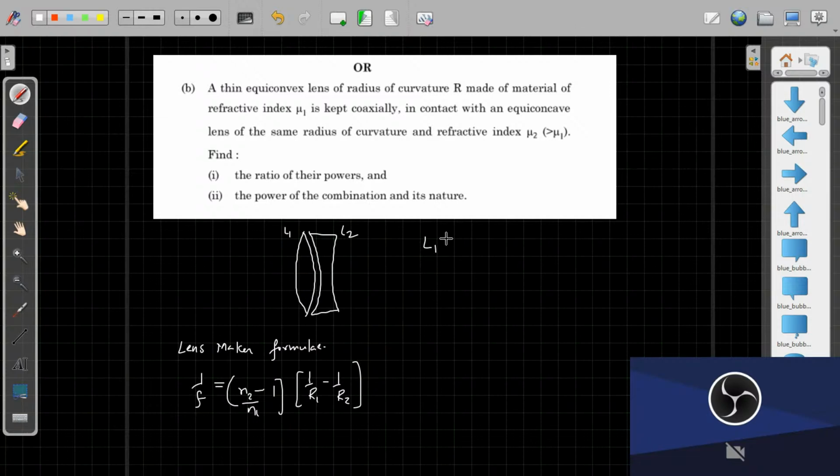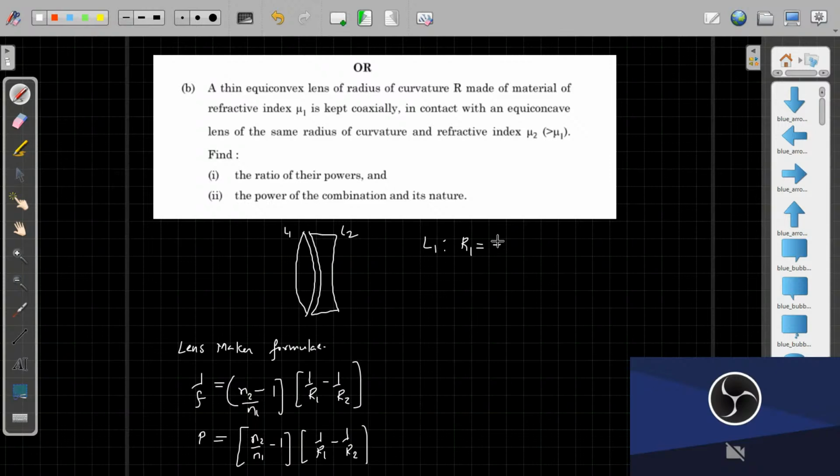For L1, the focal length for a convex lens, f1, would be positive. By the way, this relation can also be written like this: P is equal to (n2 by n1 minus 1) times (1 by r1 minus 1 by r2). So for L1, which is a convex lens, this side is R1, that side is the left one.